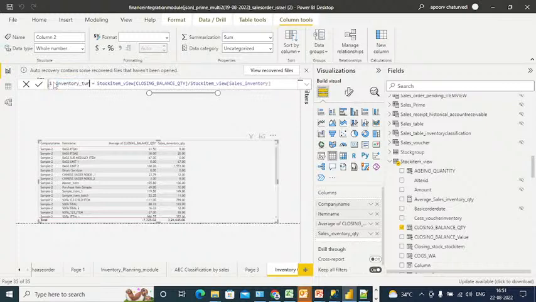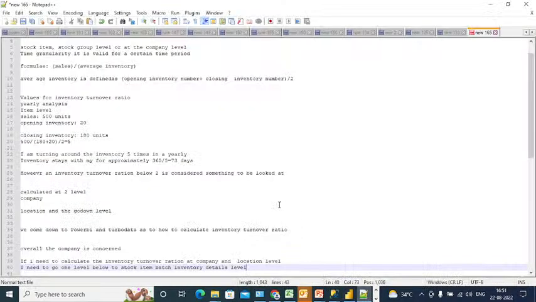Now this is my inventory turnover ratio at the company level. Is that clear? This goes here. Isn't it simple? So you can define your inventory turnover ratio at the company level.